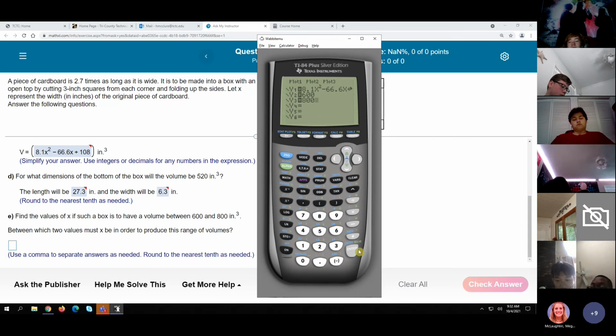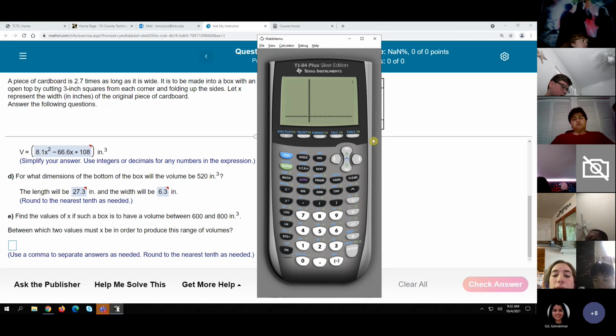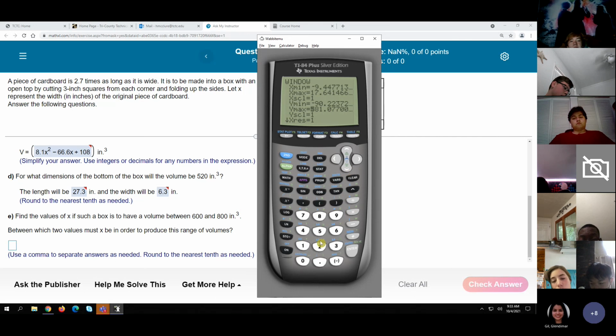And enter or graph. And it's not on the screen, so we're going to have to zoom back again. Now I'll tell you what, I'm going to go to window. And I'm going to change that right there to 900.